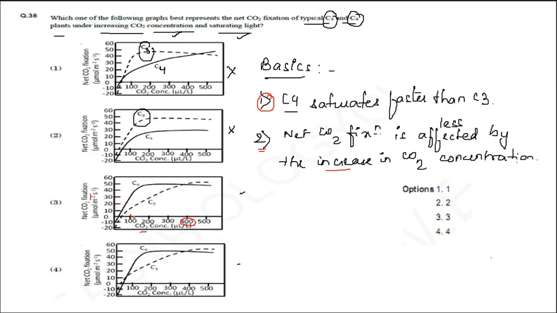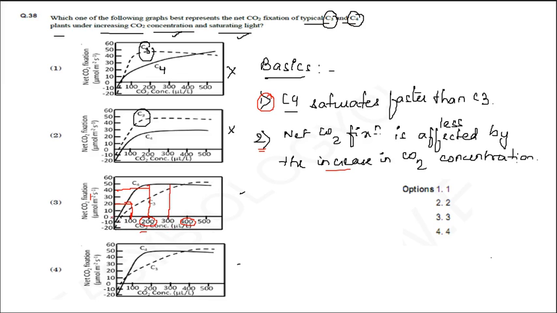For C4, if the CO2 concentration is 100, the net CO2 fixation is 20. So it is increasing much faster. For 200 it is around 40 or more. For 300, after that it saturates very fast.